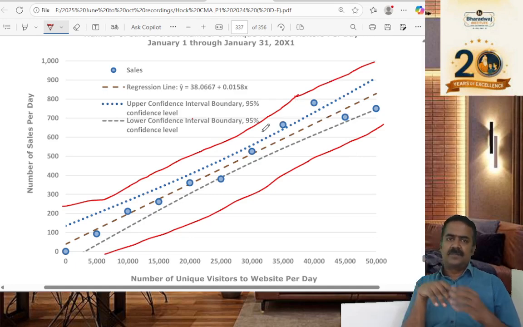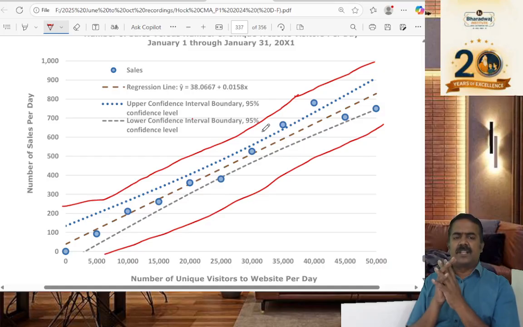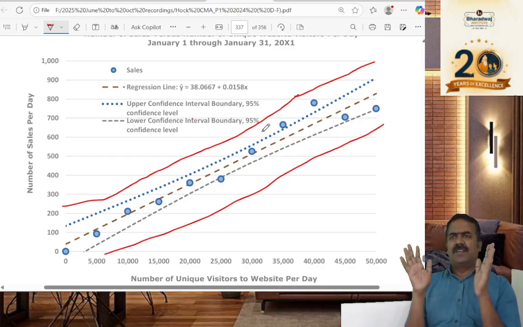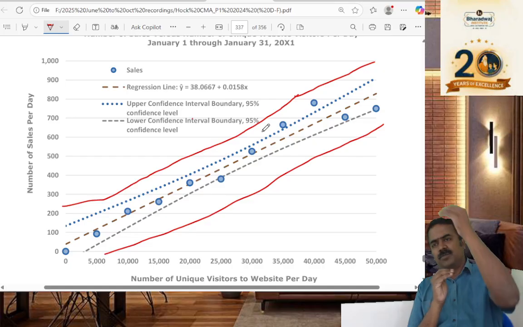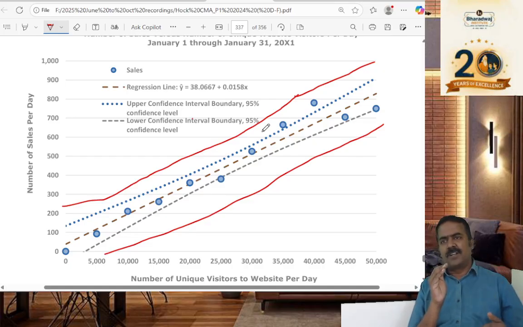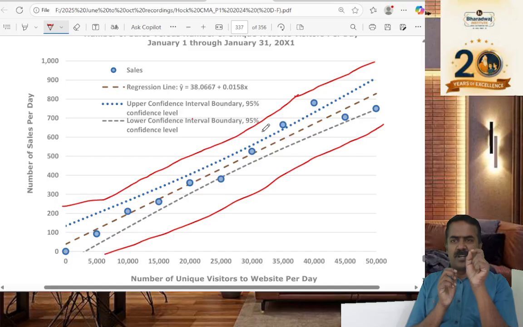Lower confidence. For example, what will be your expected mark in the exam? 100% I will get 400 or 500, whatever you get. 90% chance that I will get 400 and up. There's a chance that your mark may be 400 plus or what? 400 minus. If I say 99%, I will get 400 and up, the deviation from 400 will be minor.